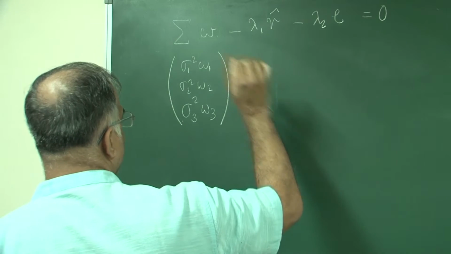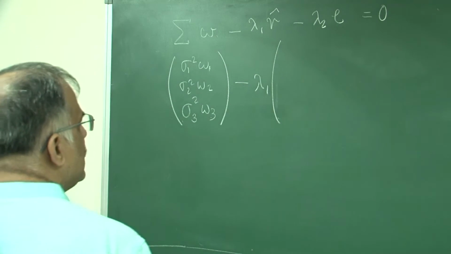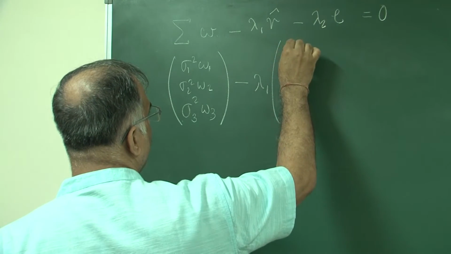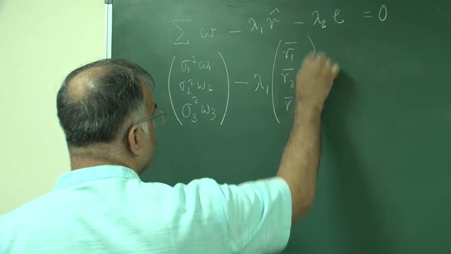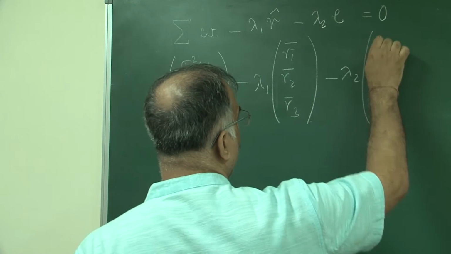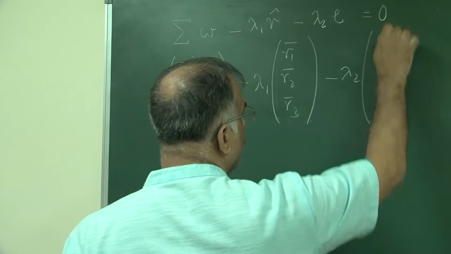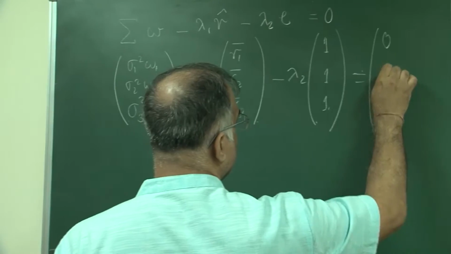Maybe I should have started telling omega only, but it doesn't matter. Now this is R1 bar, R2 bar, R3 bar, and this is 1, 1, 1, and this is equal to the 3-dimensional 0 vector.